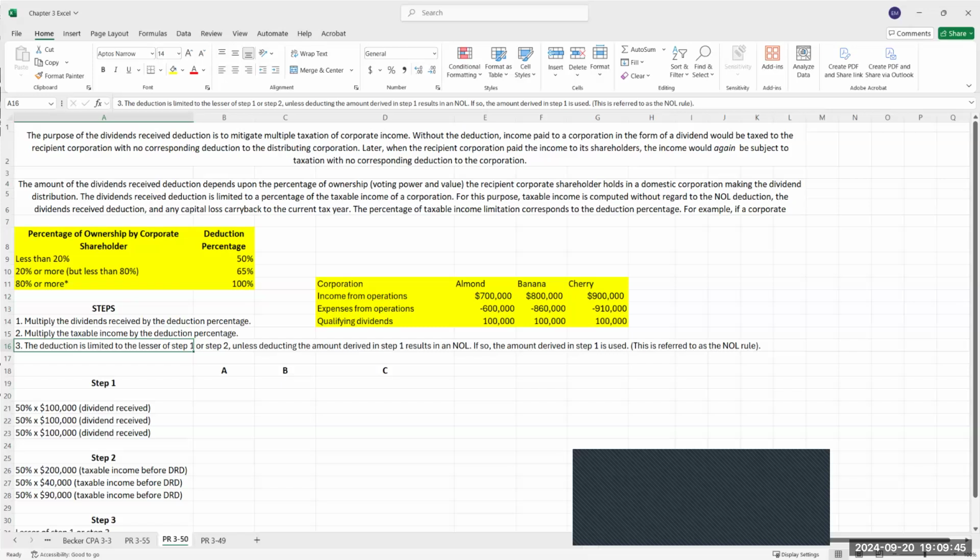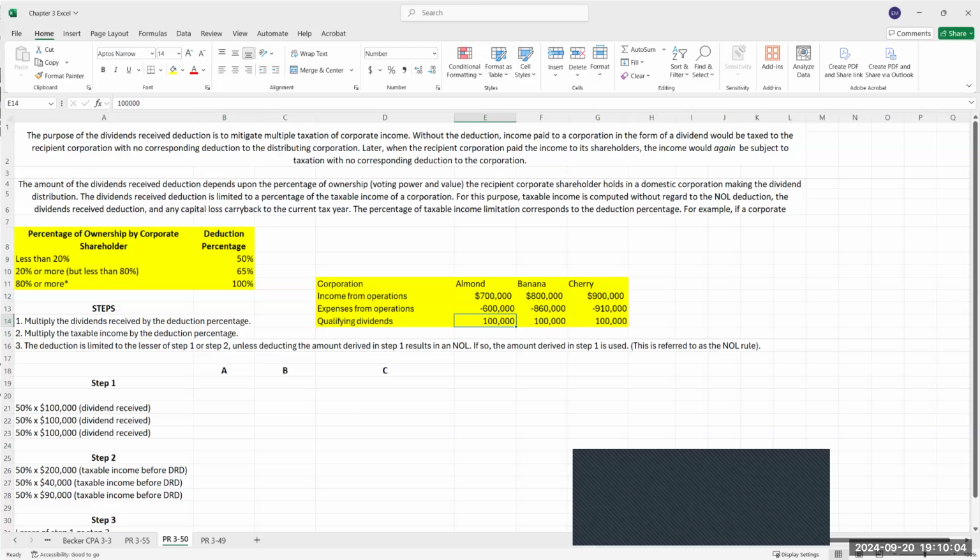All right. So here we look at this example. It lets us know that Almond Corporation received dividends of $100,000.